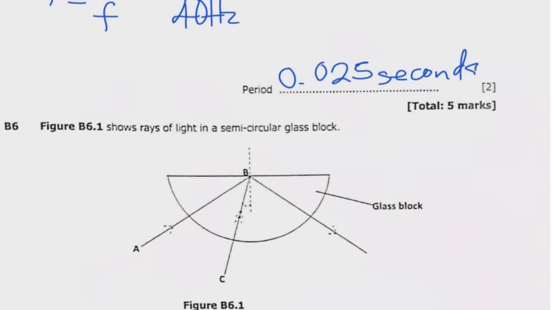Which one is ray CB? This is the ray. How can we complete it? When it reaches that side, it will refract to this side. So that is the approximate ray that will be formed as it leaves the glass block.